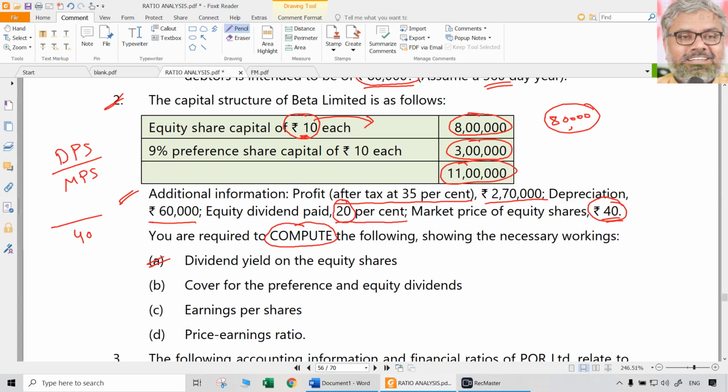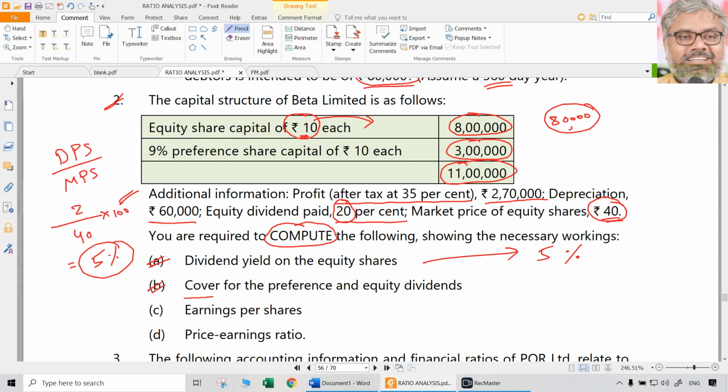So 20% of 10 rupees is 2 rupees. So 2 divided by 40. Of course, yield is expressed as a percentage. So 2 divided by 40 multiplied by 100. So what is the dividend yield here? 5%. That is the answer for the first question. Workings have to be shown separately, carefully, elaborately.